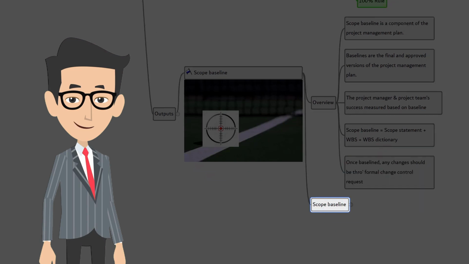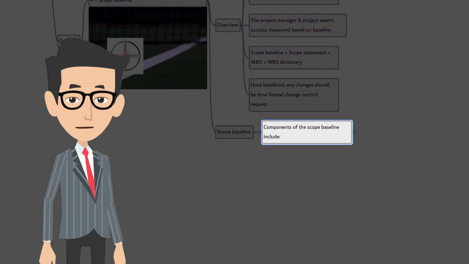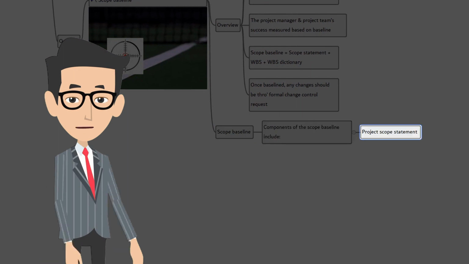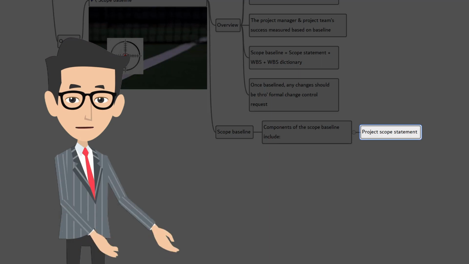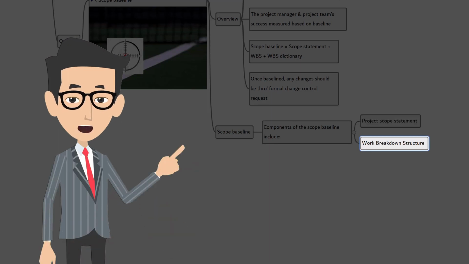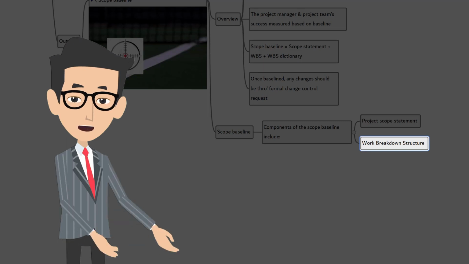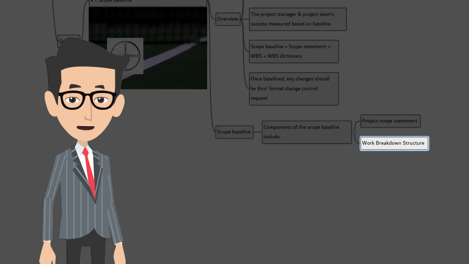Now, in context, scope baseline is the basis for work breakdown structure. As discussed in overview, the scope baseline includes project scope statement. The project scope statement includes the description of the project scope, major deliverables, assumptions, and constraints. Work breakdown structure. The WBS is a hierarchical decomposition of the total scope of work to be carried out by the project team to accomplish the project objectives and create the required deliverables.